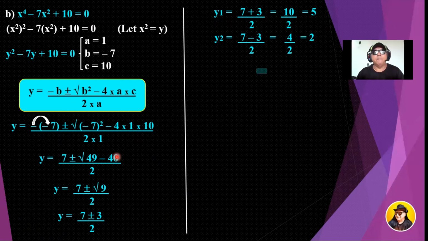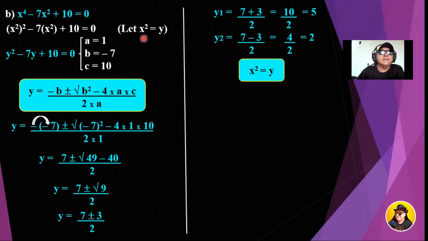So let's see. Remember that at the very beginning of the question, we did x squared is the same as y. Now I'm going to turn back to the variable of the question. In question B, the original variable is x.